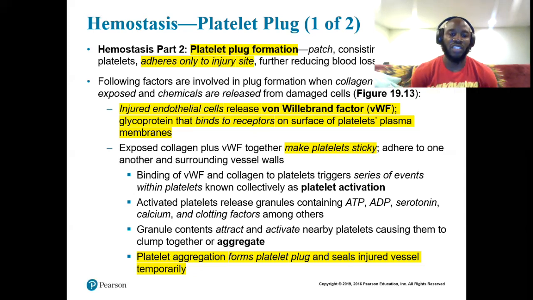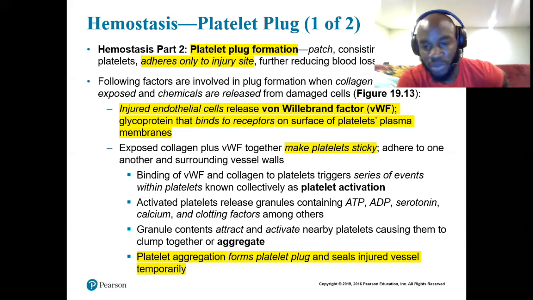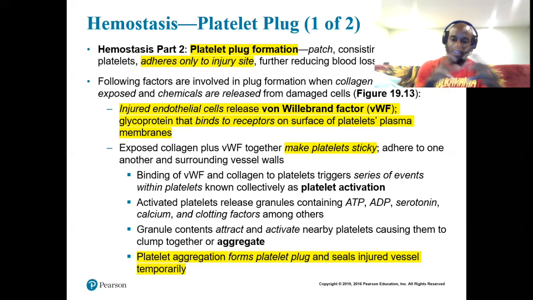These activated platelets release granules containing ATP, ADP, serotonin, calcium, and clotting factors. These granule contents attract and activate nearby platelets. So not only are platelets sticking to the area where the injury happened, they activate nearby platelets and cause them to clump up together. And this forms a plug, which seals the injured vessel temporarily.